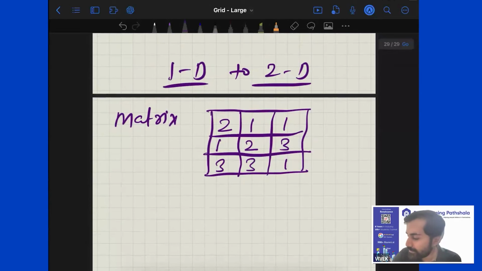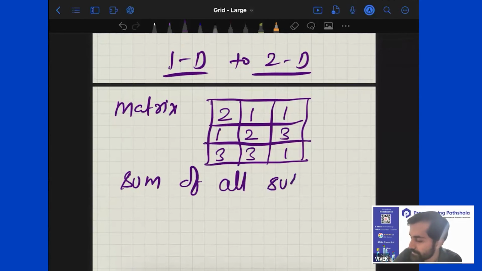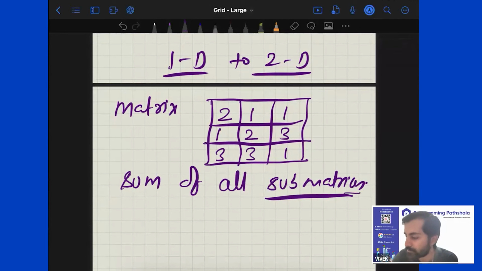So this is the matrix, and what we want to do is find the sum of all submatrices. In the last question, we were finding the sum of all subarrays. Here we want to find the sum of all submatrices. What is a submatrix? A submatrix is a matrix inside a matrix.